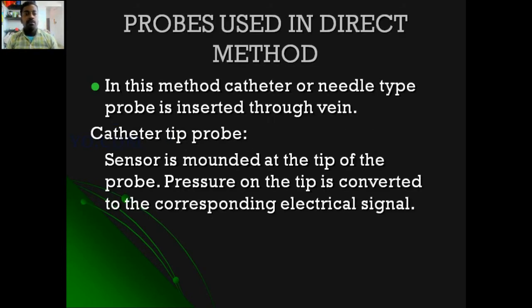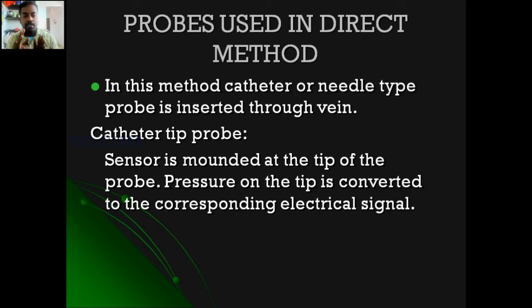Now, the probes used in the direct method. In the direct method, a catheter or needle type probe is inserted through the vein. They insert a very small tube, called a catheter, inside our vein. It has two types.